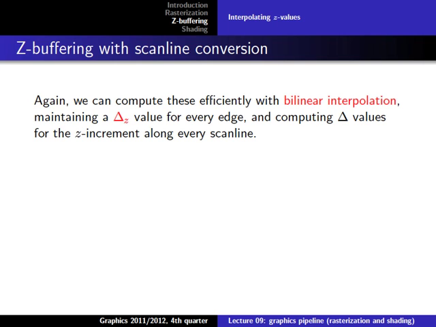So we can do this by calculating this delta set value, which is pretty much the same as in the previous case. If you think about it, so far we had x0, y0, because we projected them to 2D, so we just have two values, x and y.